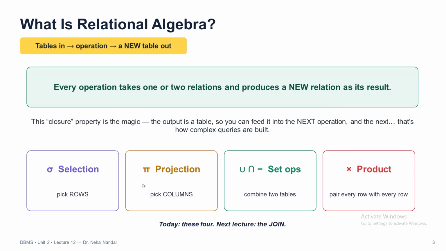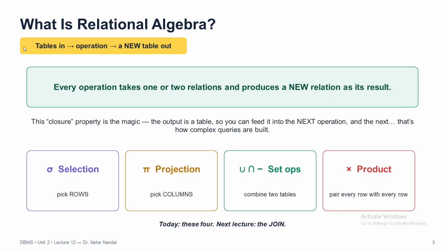So how do we express it? We have different operations in relational algebra. One idea unlocks everything: in relational algebra, every operation takes one or two tables as input and produces a brand new table as output. Why does that matter so much?